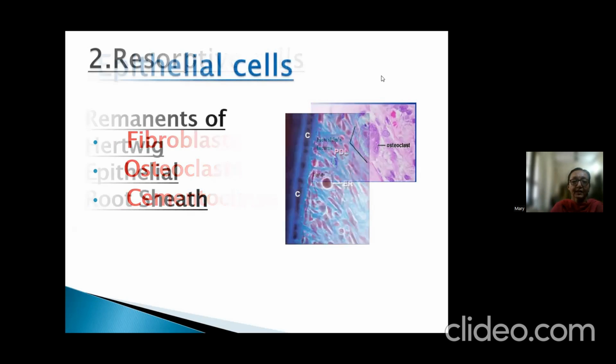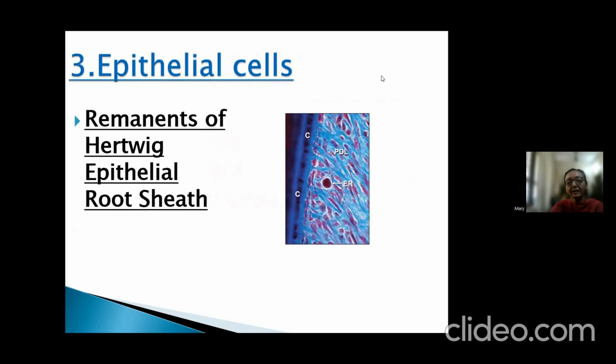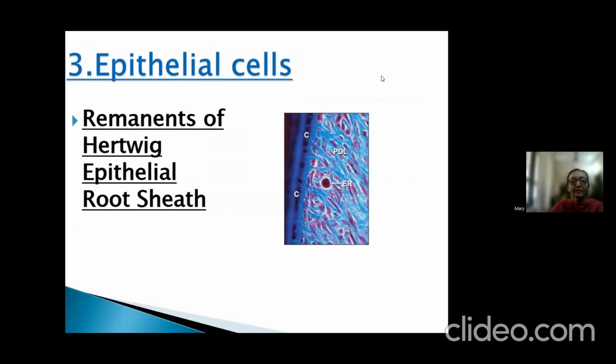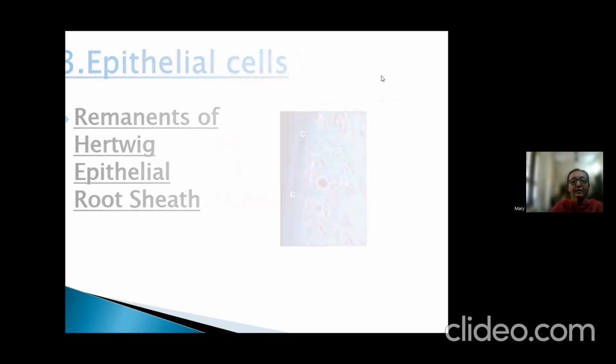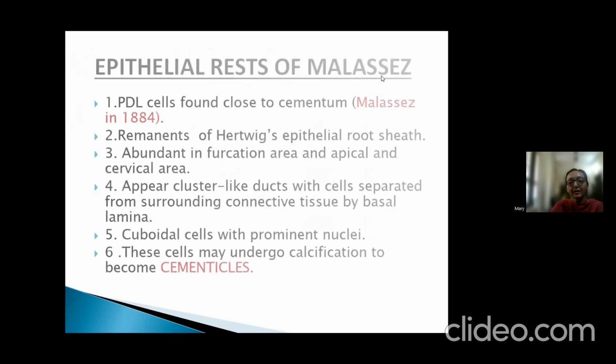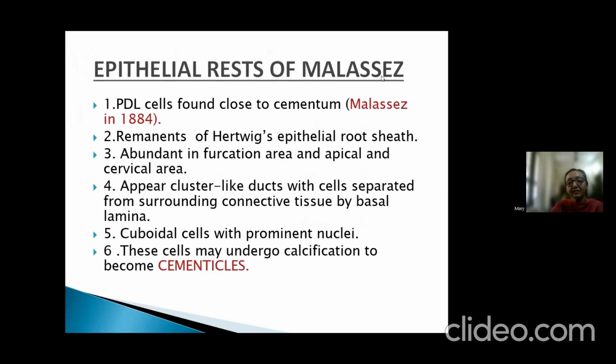So coming to epithelial cells. Epithelial cells mainly consist of remnants of Hertwig's epithelial root sheath, and they are also known as epithelial rests of Malassez, and they are named after Malassez, who first introduced them to us.